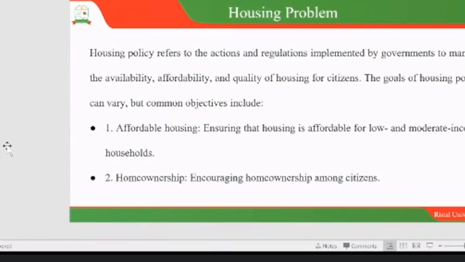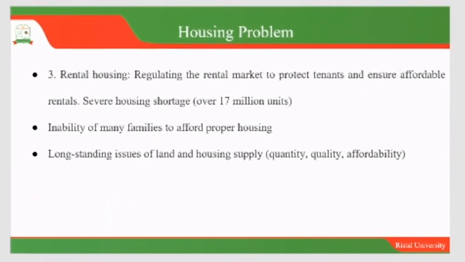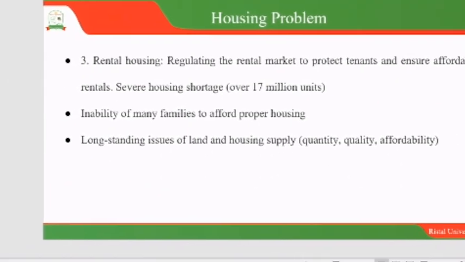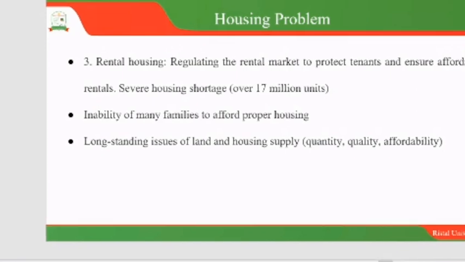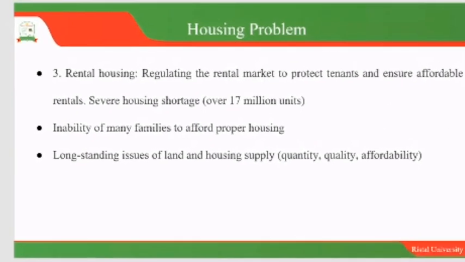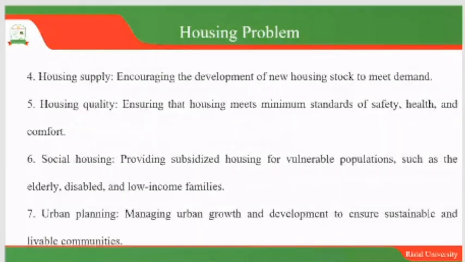It aims to encourage home ownership among citizens. And then third, it aims to enable rental housing, that it regulates the rental market to protect tenants and ensure affordable rentals. So that leads us to the fourth, which is the housing supply. It is encouraging the development of new housing stock to meet demand.